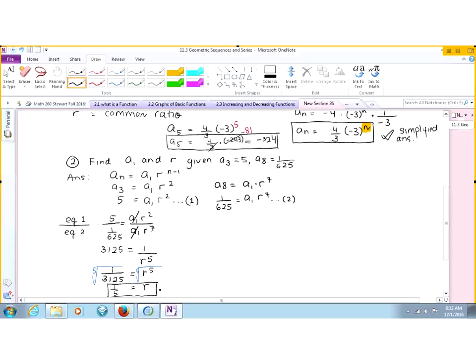How do we solve for A1? Substitute R? Yes. So substitute R equals 1 over 5 to equation 1. So when we substitute R, we have 5 is equal to A1 times 1 over 5 squared. What is 1 over 5 squared? 25? Yes.